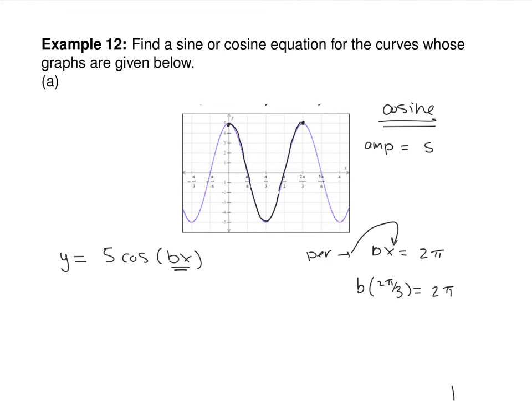You'll figure out what that b is. Does that make sense what I'm saying? Okay, so it's gonna give you b times 2 pi equals 6 pi, or b will equal 3. So this is 5 cosine of 3x.